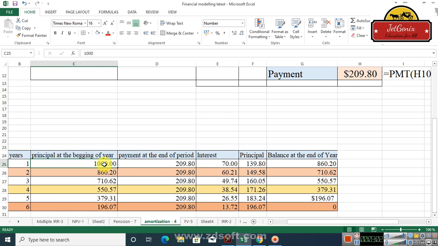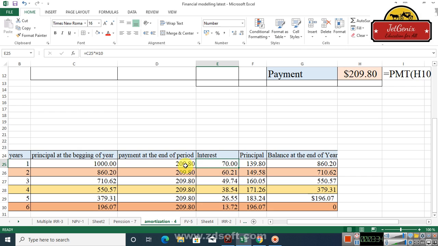We have withdrawn 1,000 from the bank, and as payment at the end of the period we have paid $209.80. Of this $209.8 we have $70 of interest liability, because we have to pay 7% on the $1,000, that is 7% of $1,000 is equivalent to 70.